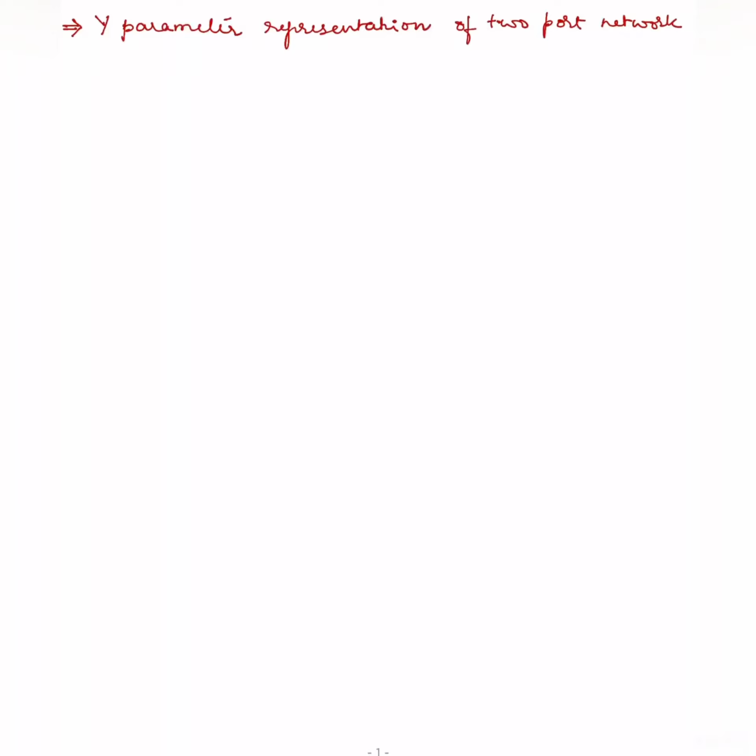Now for simplicity we'll again draw this two port network. This is the input side, this is the output side, and the voltage here is V1. This is the convention used, I1, this is I2, and this is V2 here, with plus and minus polarities.